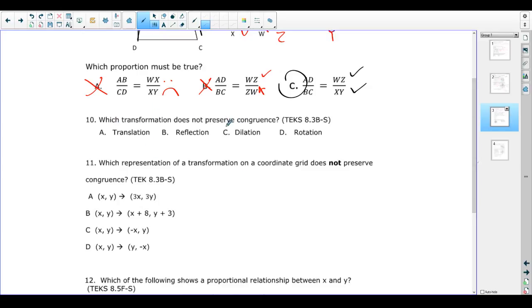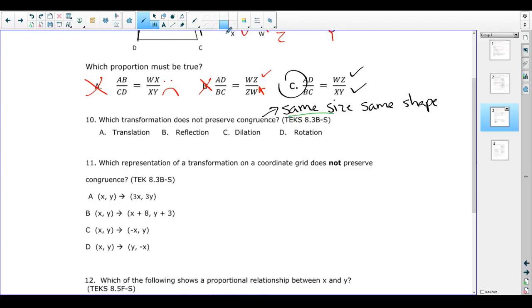Which transformation does not preserve congruence? Okay, congruence means same size, same shape. And the key word for us here to get the answer right is the same size.